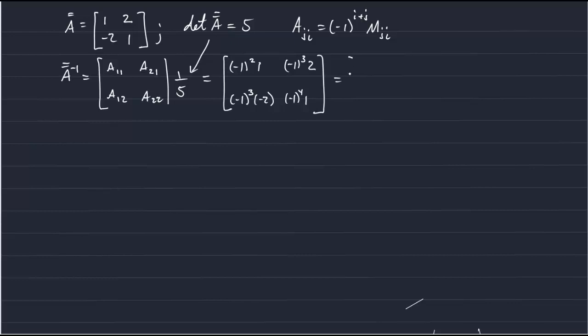And that is equal to 1, minus 2, 2, 1 divided by 5, and that's 1/5, minus 2 over 5, 2 over 5, and 1 over 5.